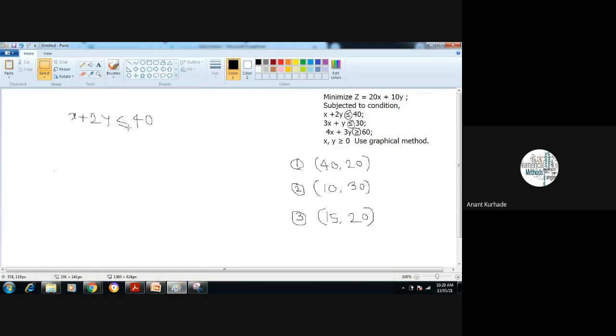For the graphical method we convert this inequality sign into equality, just removing the less than sign, so we can write x plus 2y equal to 40.